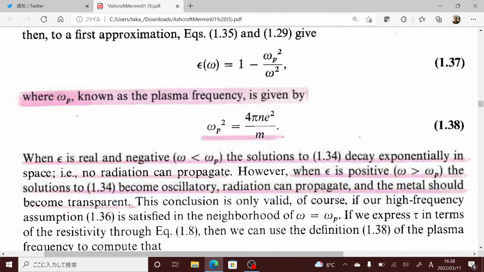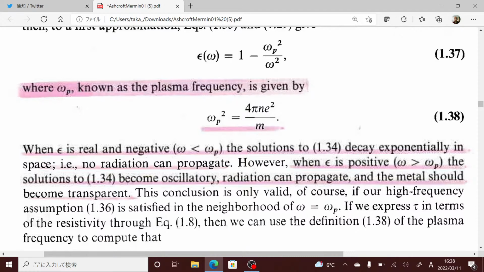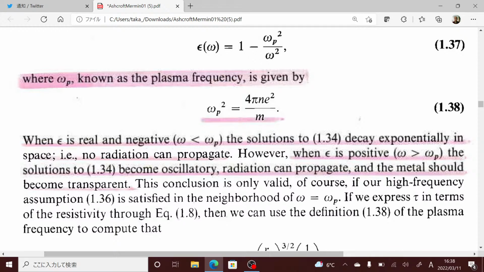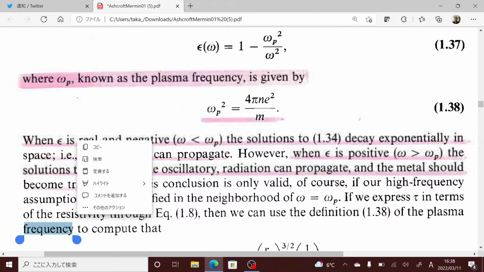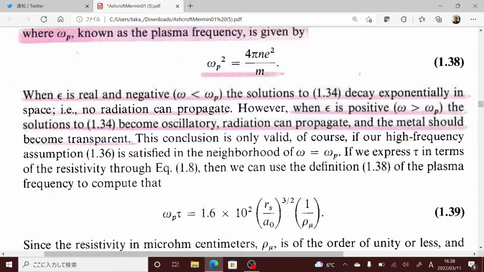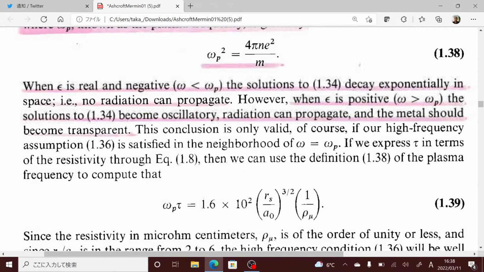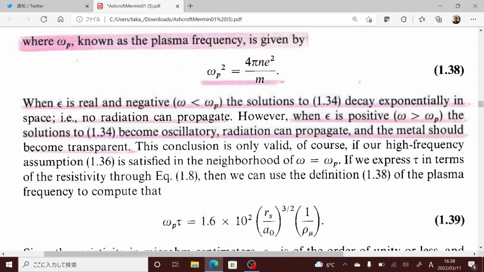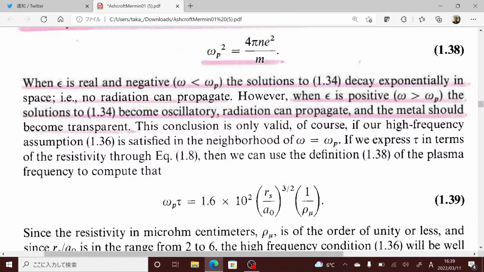However, when epsilon is positive, the solution to 1.34 becomes oscillatory. Radiation can propagate, and the metal should become transparent. This conclusion is only valid, of course, if our high frequency assumption 1.36 is satisfied in the neighborhood of omega equal omega p.